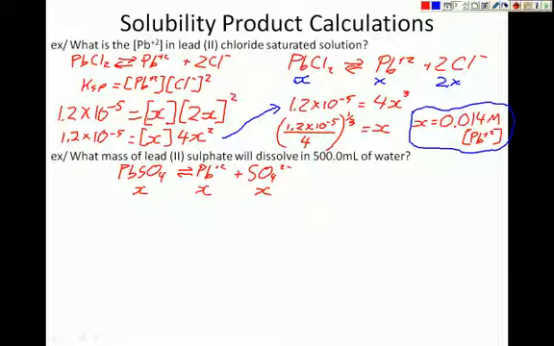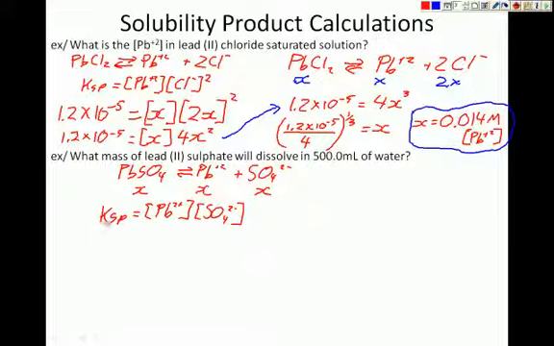So what we want to find out is the concentration of lead 2 sulfate, and then with that we can figure out the mass. Again, our Ksp is going to equal the concentration of lead times the concentration of sulfate, and we're going to replace this with a few values.